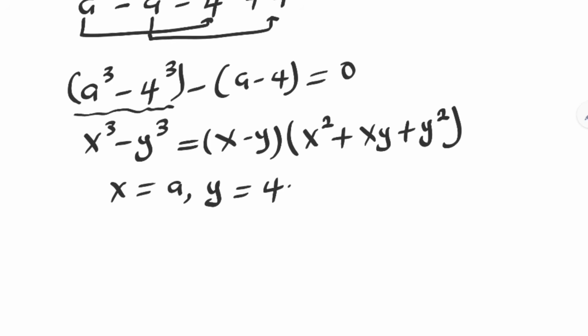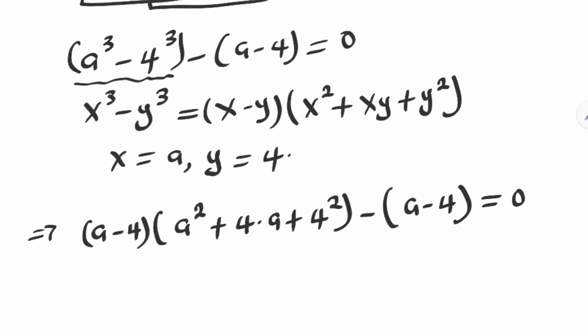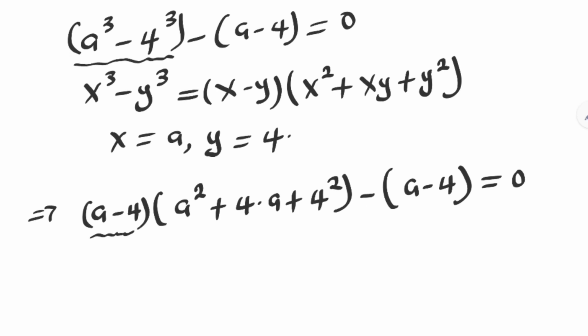this can be written as a minus 4 bracket a square plus 4 multiplied by a plus 4 square, minus a minus 4 is equal to 0. Here you can see that a minus 4 is common.